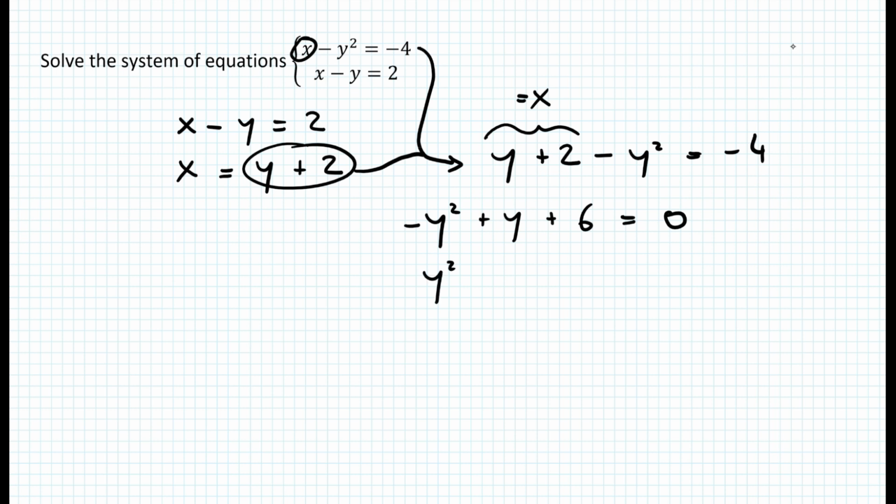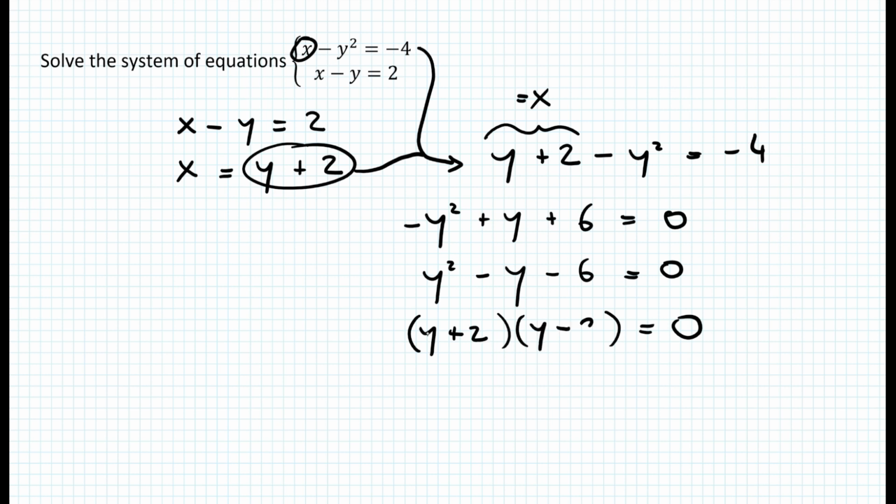So here we have y squared minus y minus 6 is equal to 0, okay? And now once again, we want to find two numbers such that, when you add them up, you get -1, and when you multiply them, you end up with -6. Okay, so here we can write y plus 2 and y minus 3, okay?